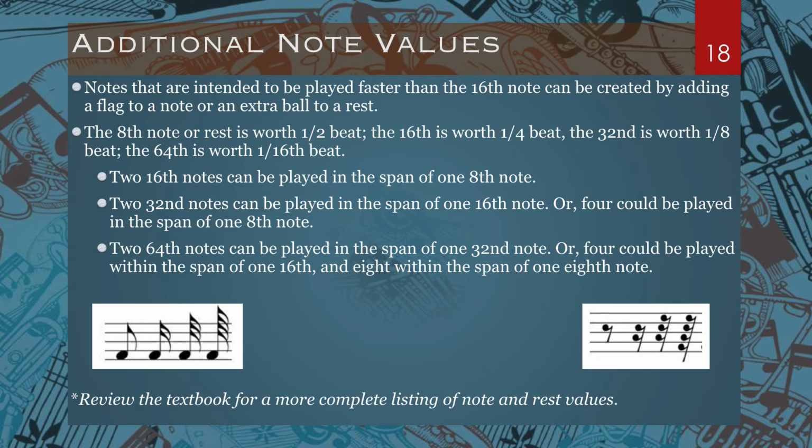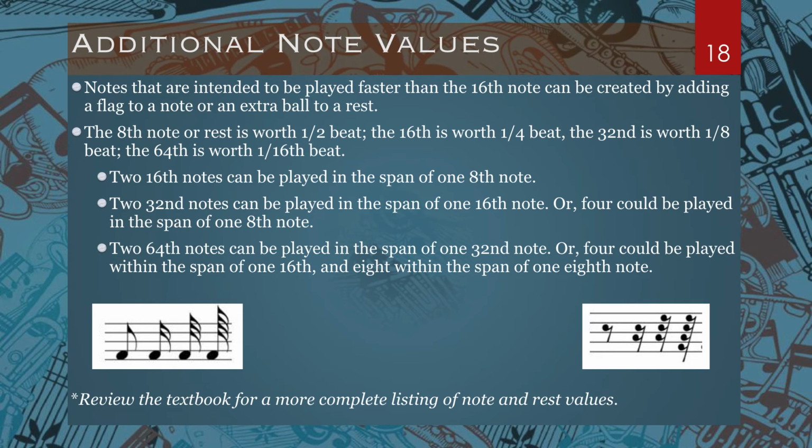There's also some additional note values you should just be aware of. Notes that are intended to be played faster than the 16th note can be created by adding a flag to a note or an extra ball to a rest. So if you look at the first image, you start with an 8th note, then you have a note that is twice as fast, the 16th note, and then that number 16, you just double it to get the third image, which is a 32nd note.